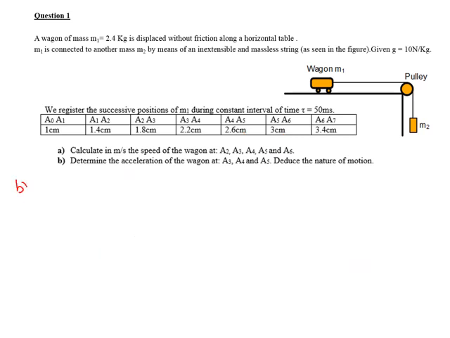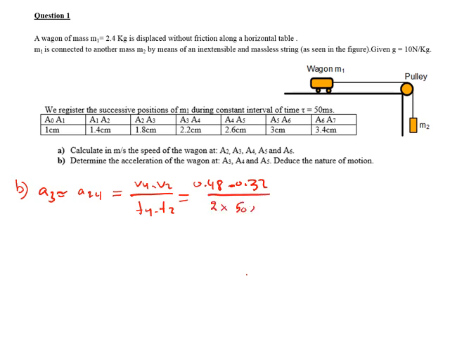B. Determine the acceleration of the wagon. A3 equals A24, equal to V4 minus V2 over T4 minus T2, equal to 0.48 minus 0.32 over 2 times 50 times 10 power minus 3, 2 tau, equal to 1.6 meter per second square.